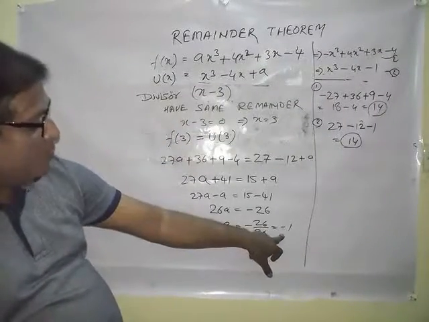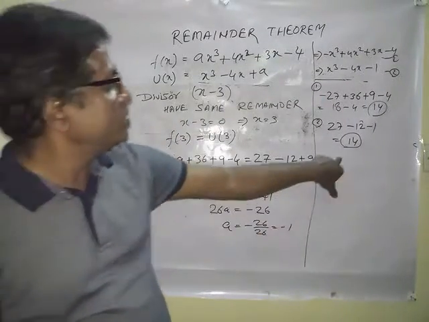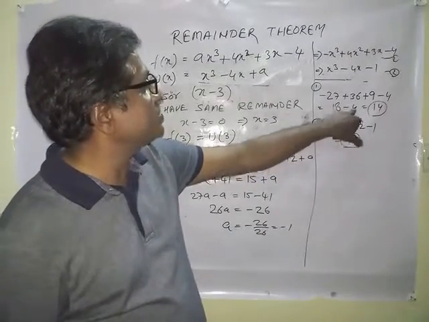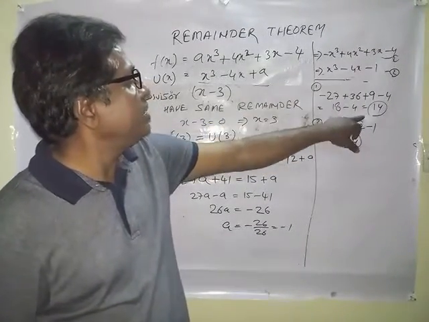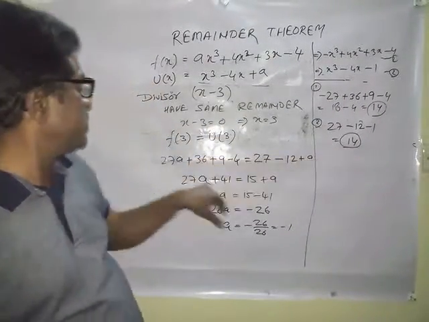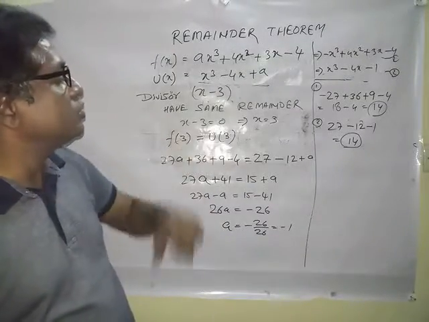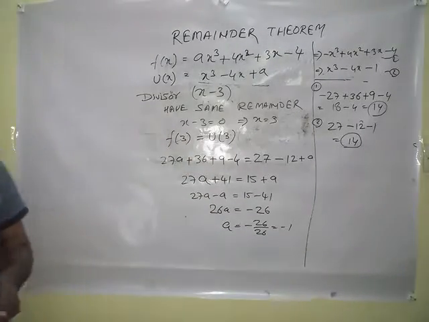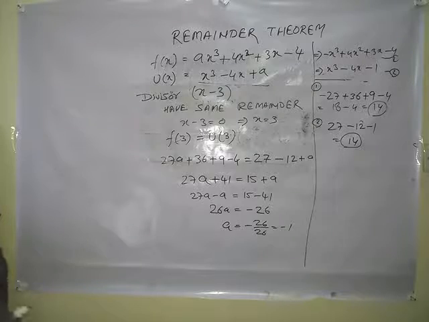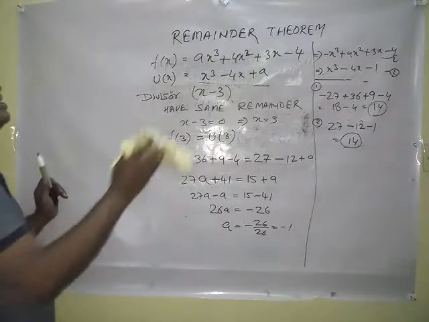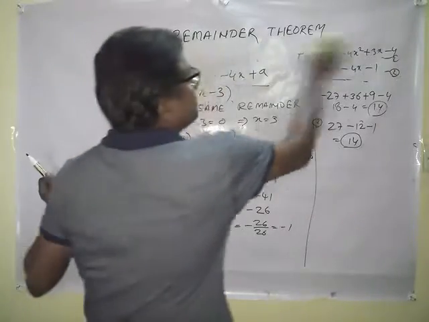Means whatever value of a you have found is correct, because when you are putting the value of a you are having the same remainder when you are putting the value of x equal to 3. So in mathematics you can always check out the answer immediately by using a short thing.